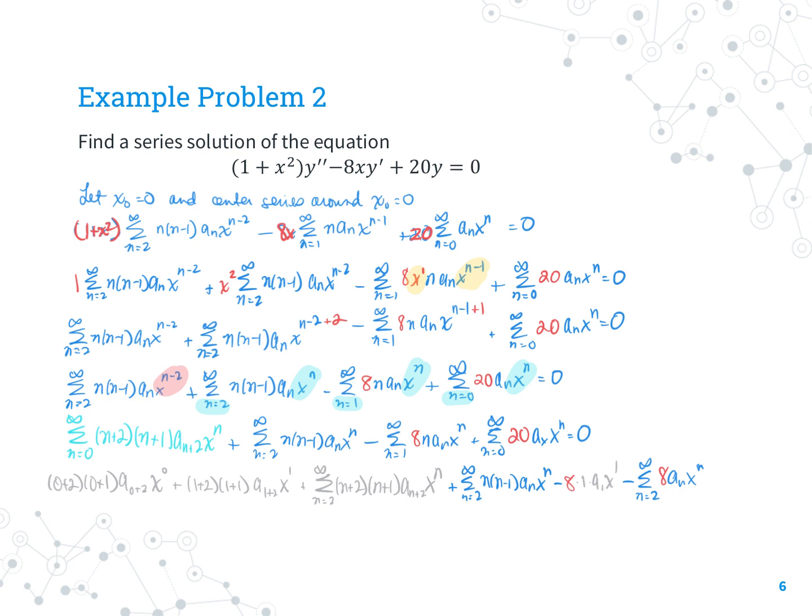So we're going to have to add to this now our 0 term, which would be 20 a sub 0, x to the 0, and plus our 20, running out of space, I'm going to write it underneath, a sub 1, x to the 1, plus the rest of the sum, which would be our sum from now n equals 2 to infinity of 20 a sub n, x to the n.